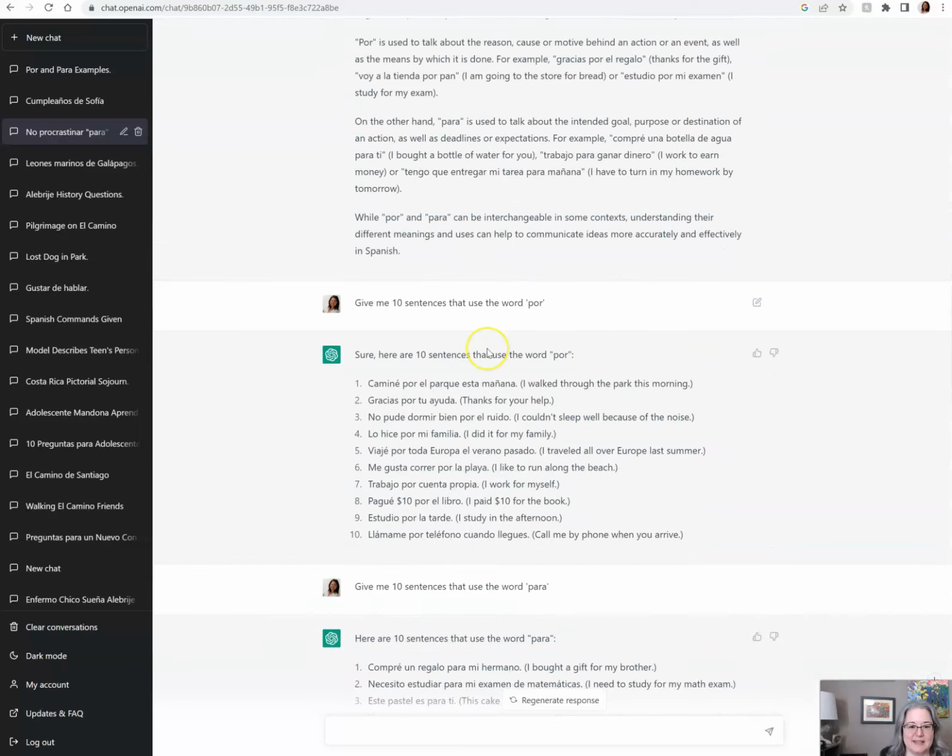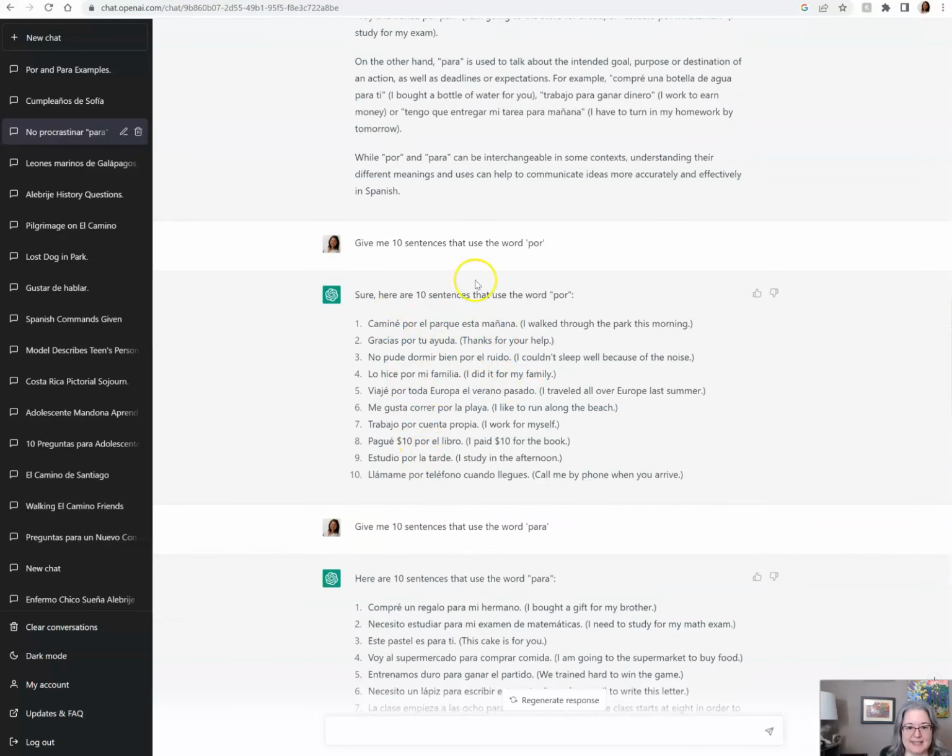And then I wanted to have my students practice with using por and para. Our brains are tired at the end of the day, let alone at the end of the week. So I asked it to give me 10 sentences that use the word por, so we could work with them together as a class and decipher them and see why por feels better there instead of para.